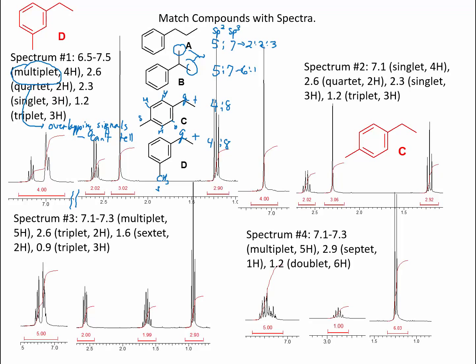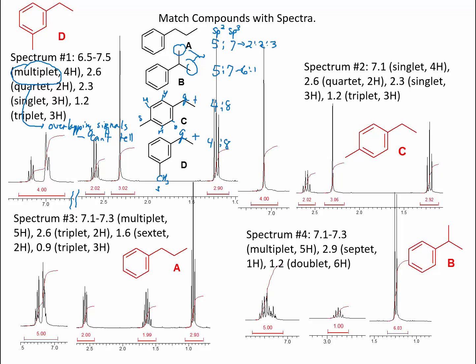And we're expecting the hydrogens there to be in a 2-to-2-to-3 ratio. Well, notice here the hydrogens are in a 2-to-2-to-3 ratio. Therefore, that one is the N-propyl one, A. And this last one, the hydrogens are in a 1-to-6 ratio, and this is our isopropyl benzene here. Okay? All right.